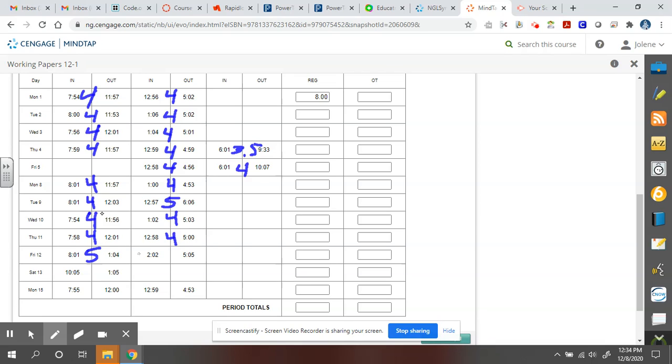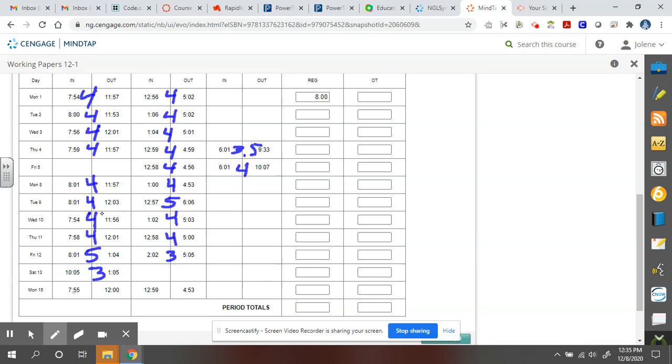She took her lunch late, an hour later than normal. She came back at 2 and she still got off at 5, so she got 3 hours in after her lunch. Saturday, she worked from 10 to 1. 10, 11, 12, 1. She worked 3 hours.